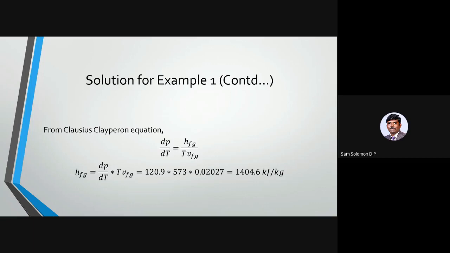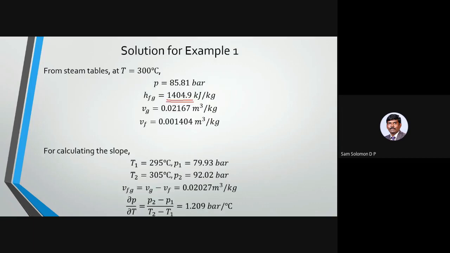You can try checking with a different value. Instead of 295, try this with 290, and replace this T2 with 310. Increase the gap and see how it turns out.